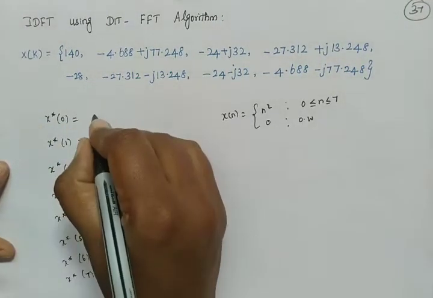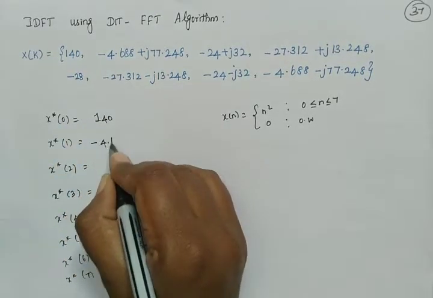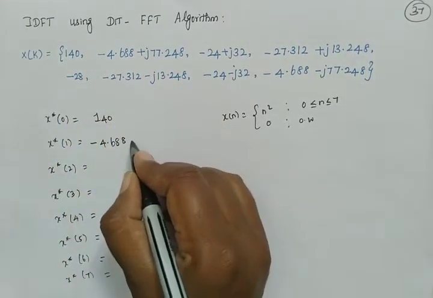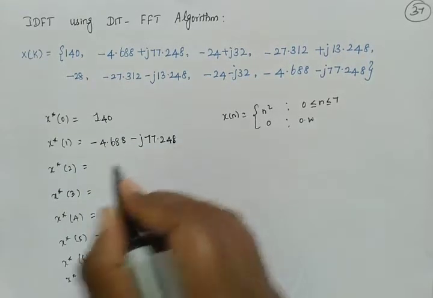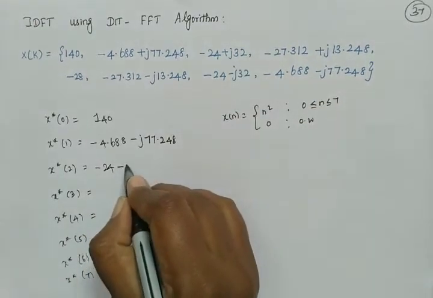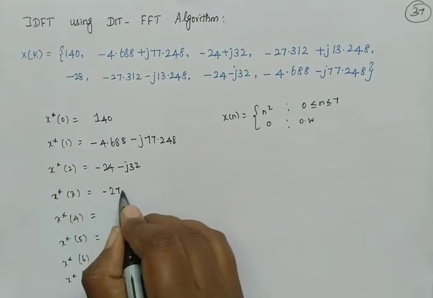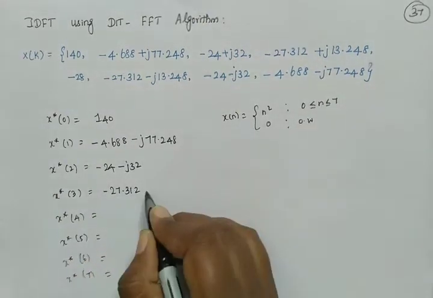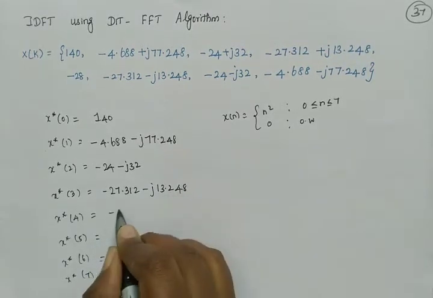So x of 0 is 140. X of 1 is minus 4.688, and here we have plus, so we use minus j 77.248. Then x of 2 is minus 24, here we have plus, so minus j 32. Then x of 3 is minus 27.312, here it is plus, so minus j 13.248. Here it is minus 28.